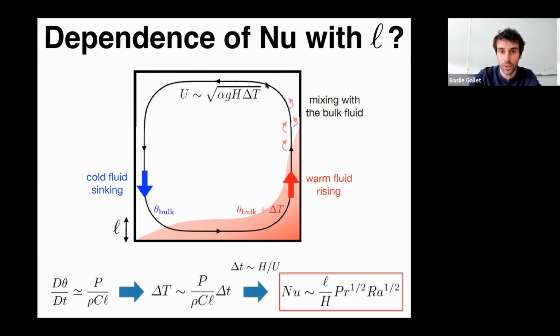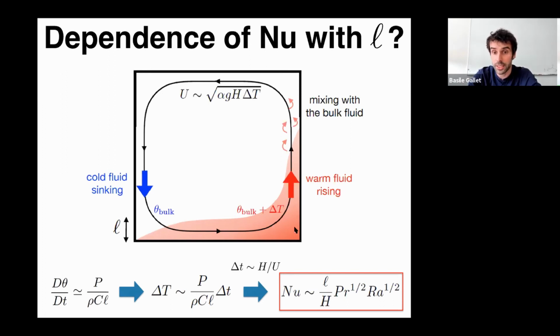So the idea is the following. We've seen that the large-scale flow seems to be compatible with a dominant large-scale circulation that circles around the tank in a turbulent fashion. So let's follow the trajectory of a given fluid parcel as it goes around the tank. So it will be at the bulk temperature here, until it enters the heating region here of height L. Then it will travel from this corner to this corner inside the heating region.